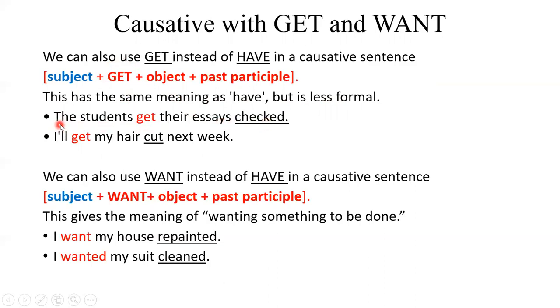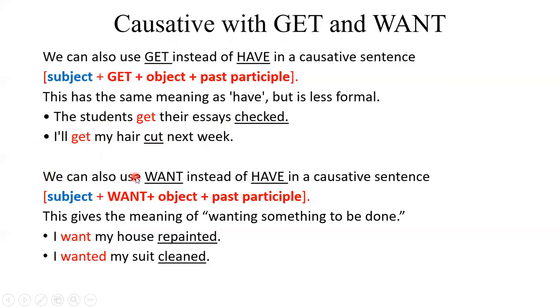We can easily say the students have their essays checked. Notice the second one. I will get my haircut next week. And I can say, I will have my haircut next week. Both are correct.